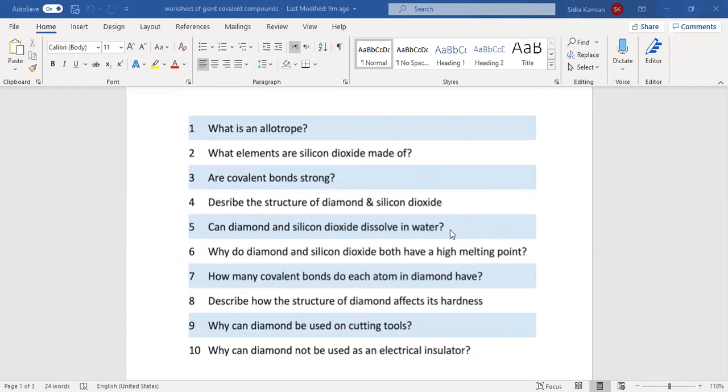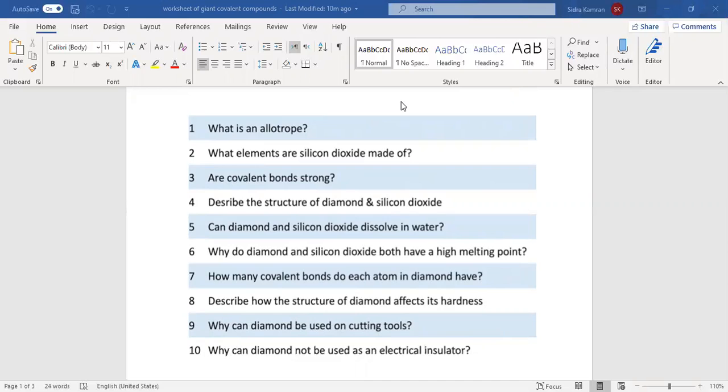What is an allotrope? I explained it in my lecture. Miss, can I answer? The term allotrope refers to one or more physical forms of a chemical element that occur in the same physical state; allotropes may show different chemical and physical properties.